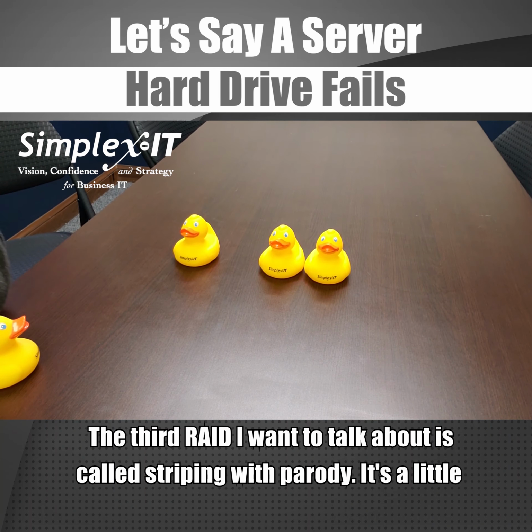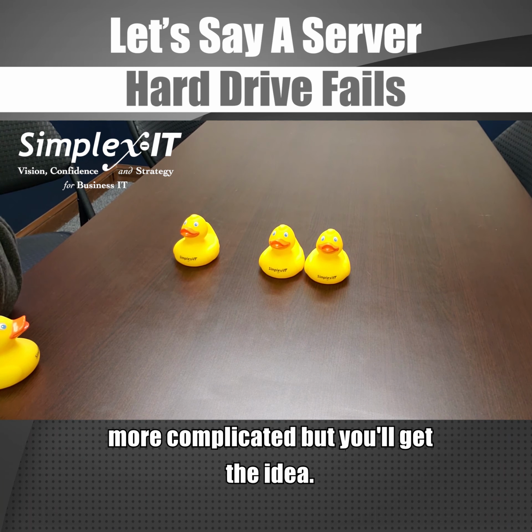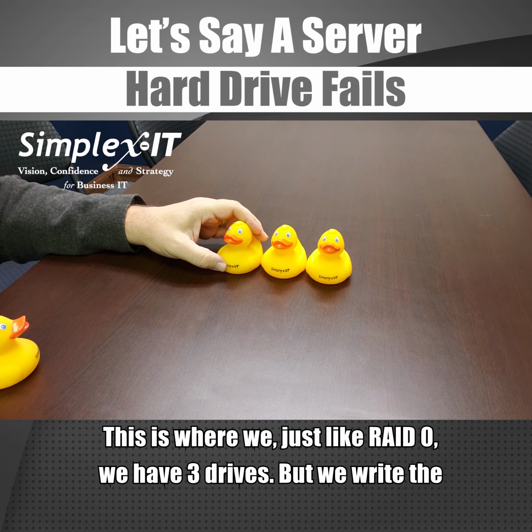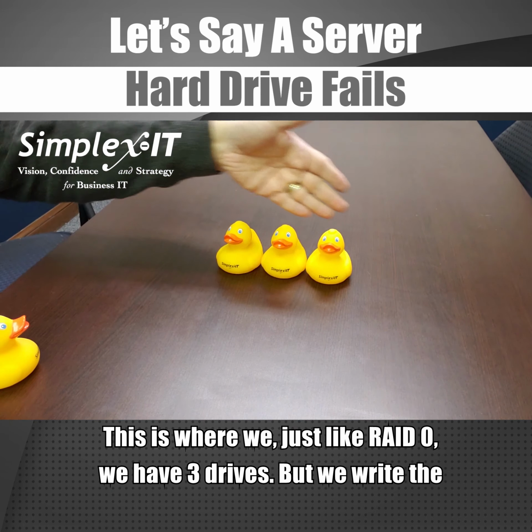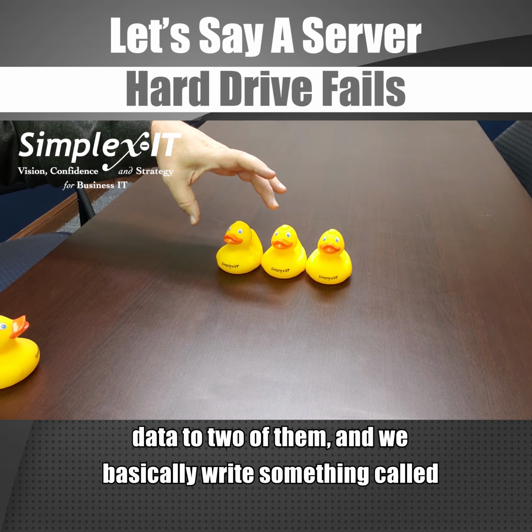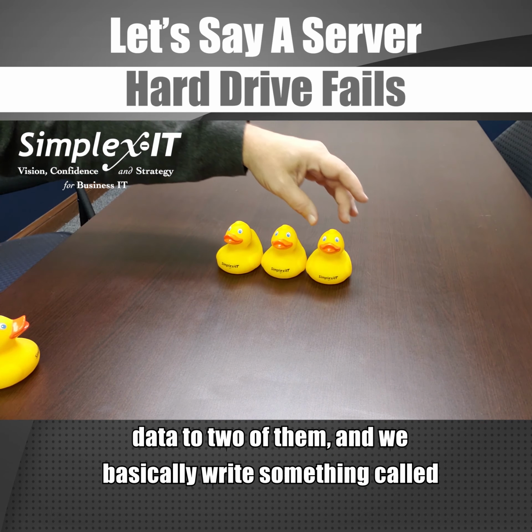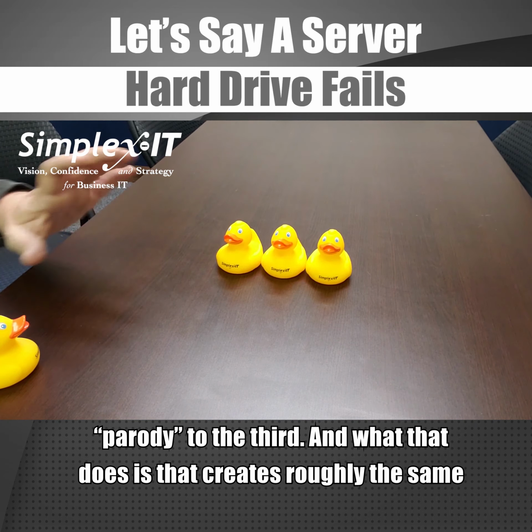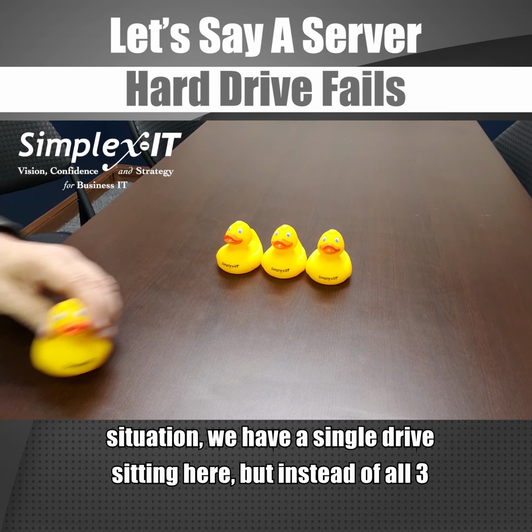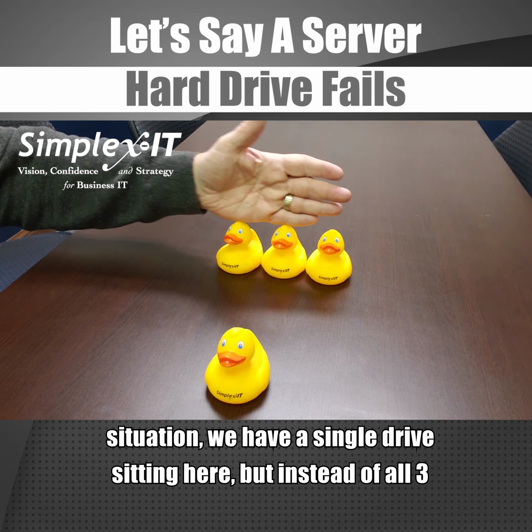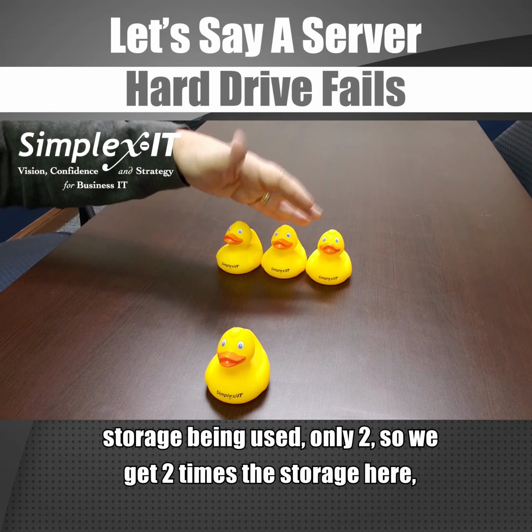The third RAID I want to talk about is called striping with parity. It's a little more complicated, but you'll get the idea. This is where, just like RAID 0, we have 3 drives, but we write the data to 2 of them, and we basically write something called parity to the third. And what that does is create roughly the same situation. We have a single drive sitting here, but instead of all 3 drives' storage being used, only 2.